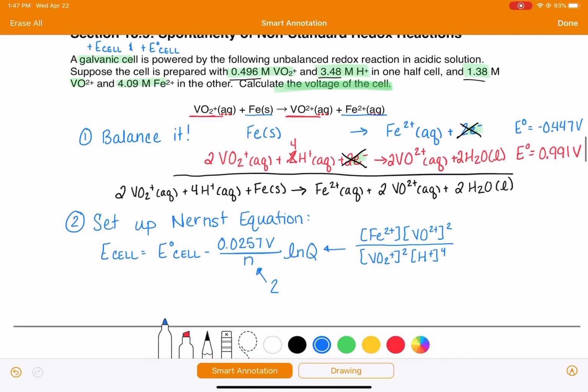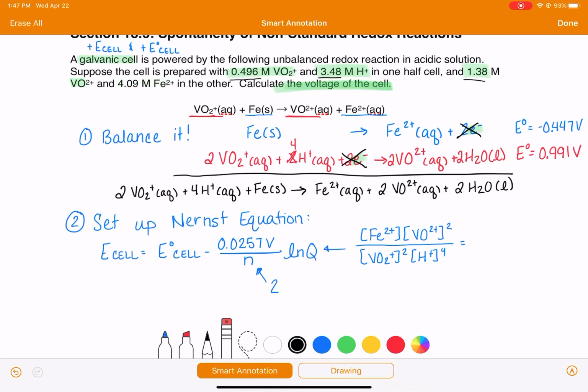And we have concentrations for all 4 of these things. So we can get their concentrations from the problem and we can plug those in. First we have the iron, which is 4.09, and our VO2+, which is 1.38, and that one's going to be squared. Divide by the VO2+, that's 0.496, and that also needs to get squared.